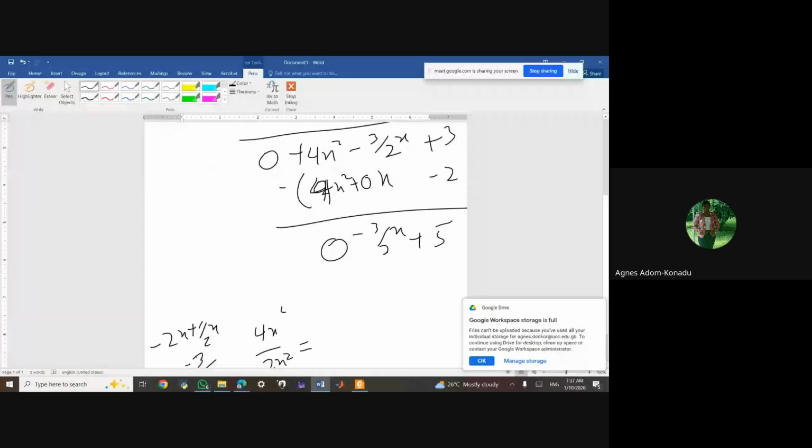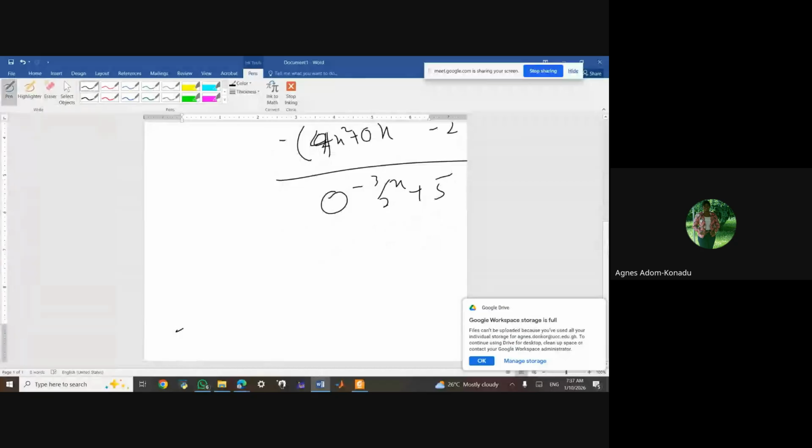So it means that the function p of x, let me just write p of x divided by d of x. D of x is my divisor.